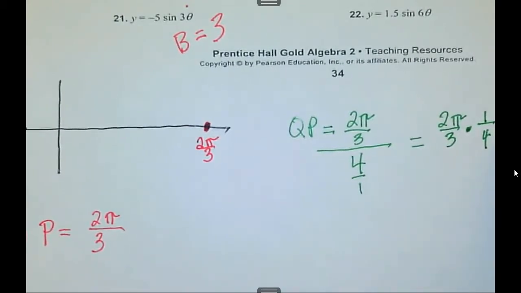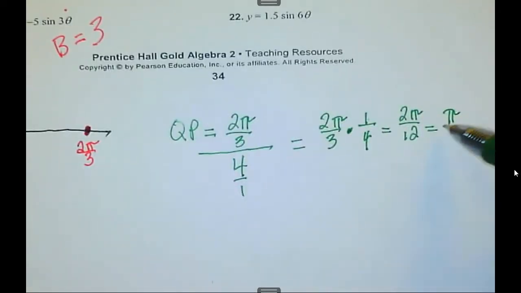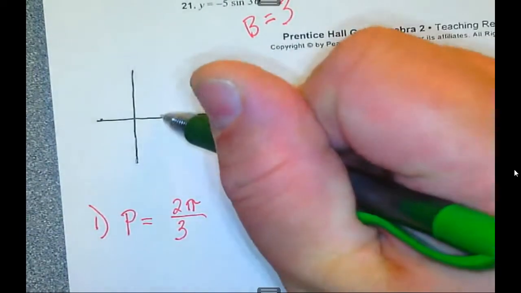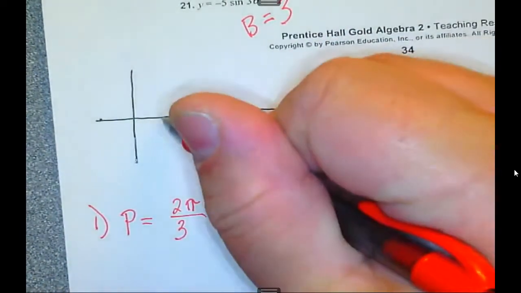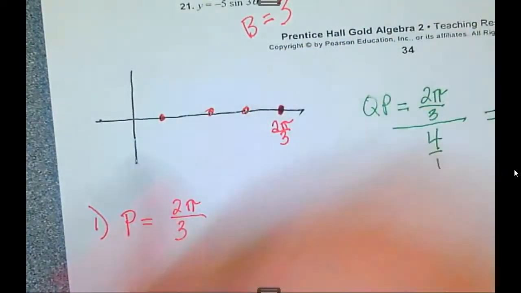With me? Yes. So I have 2 pi over 12, which reduces to pi over 6, right? So that's my quarter point. Okay, my quarter point here is pi over 6.